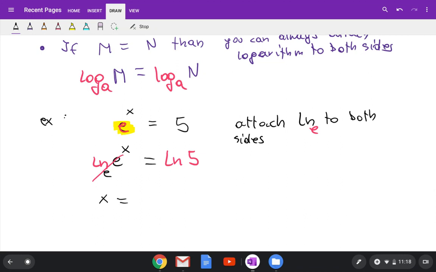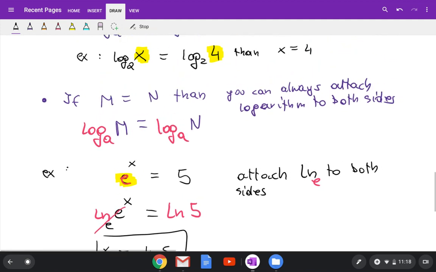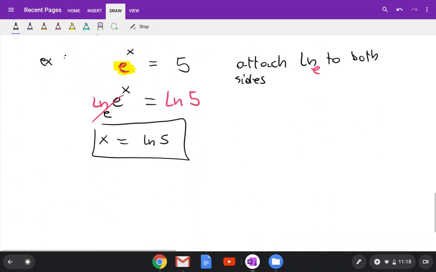That means x is equal to ln of 5. So we're using the one-to-one property to solve equations. Like you see, e to the power of x is equal to 5. How can you solve for x? We're doing the inverse. The inverse of exponential is logarithmic, so we change to a logarithmic expression. And the easiest way is just by attaching logs to both sides.